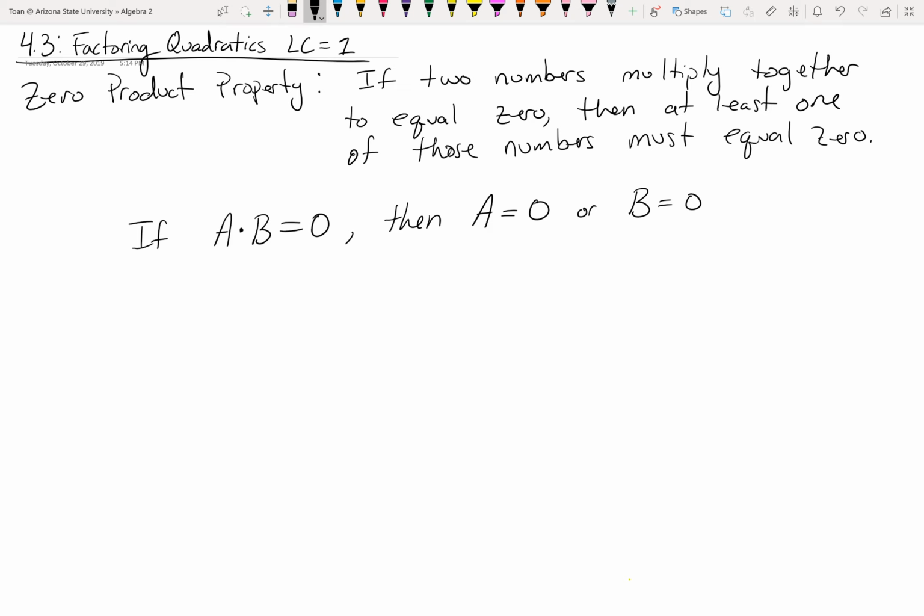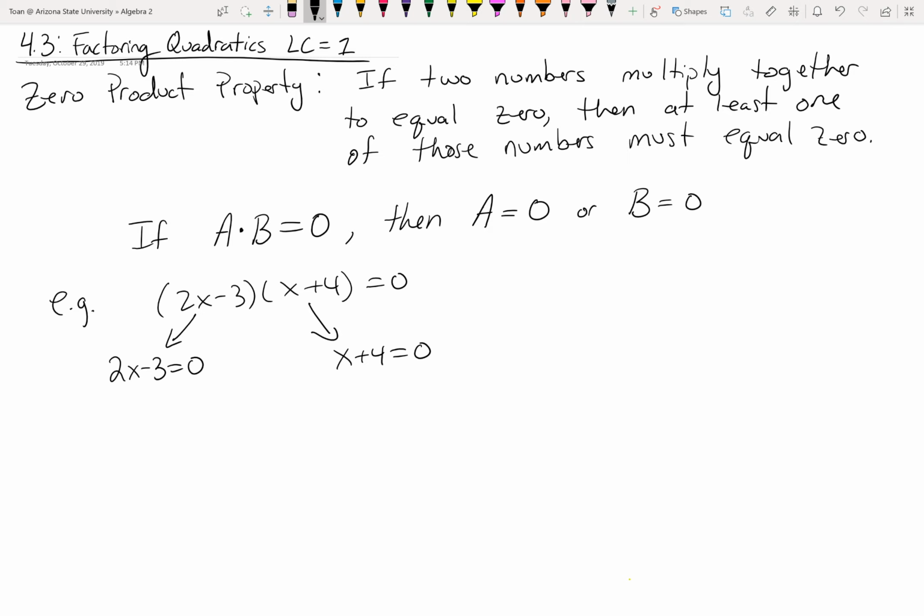And that's what we did yesterday, right? We had factored form or intercept form, (2x minus 3)(x plus 4) equals 0. And we were finding the x-intercepts by setting each separate parentheses to 0. We did 2x minus 3 equals 0. We did x plus 4 equals 0, and then we solved those two equations separately.